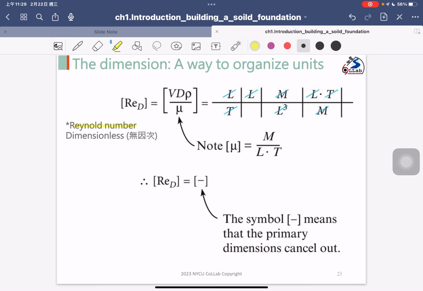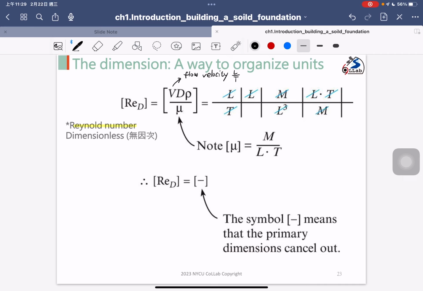You see, if I define the Reynolds number, the V here is the flow velocity. So I already know this is the velocity, so the dimension is L divided by T, right? L is the length and T is the time, because this is the velocity.